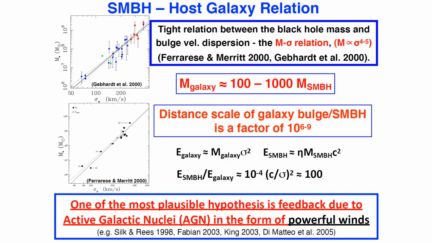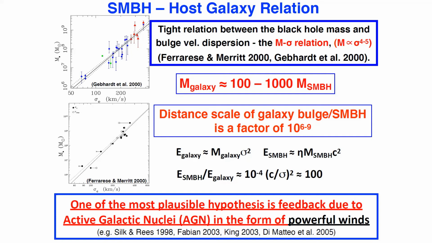So the big question was how these two vastly different quantities know about each other. As you can see there, the correlation has been observed by many authors. These were the first ones, but there are a lot of authors, and they keep looking, and that correlation is always there.